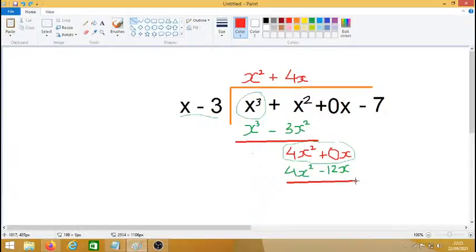So subtract the two to figure out what the remainder is. We'll have 4x squared take away 4x squared means we're going to have nothing. And then 0x take away minus 12x, that is going to be 12x. I'm going to pause here and ask, what is the next step?